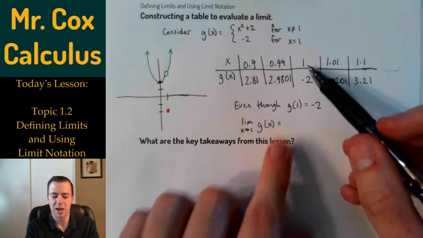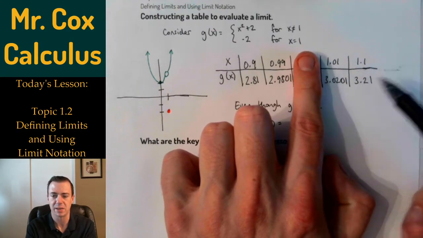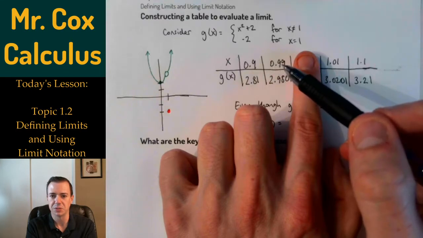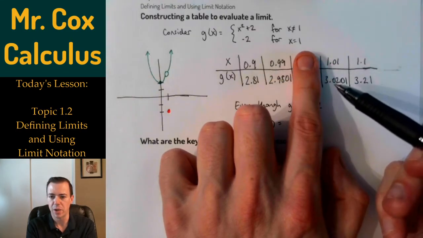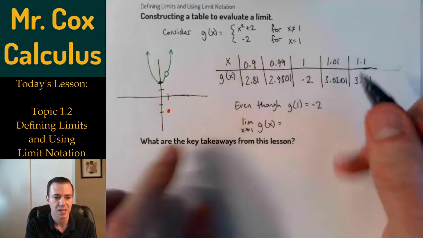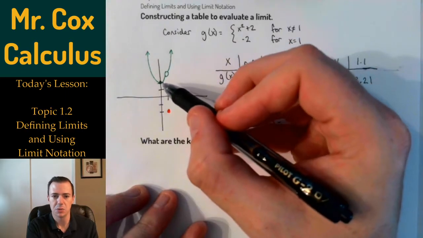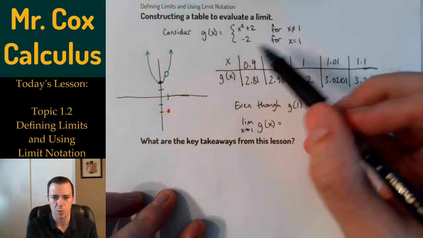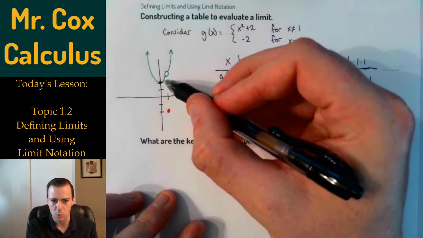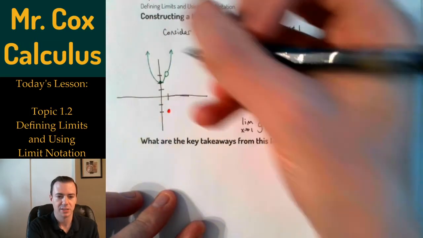And so what ends up happening is I don't even really want to look at this x equals 1 piece. I'm just looking at what's happening around it. Well, as x is getting close to 1, from both directions, it sure looks like my function is getting close to 3. And graphically, that's what's happening as well here. As I'm getting close to 1, and again, I'm not worried about what actually happens at 1, my function is in fact getting really close to the value 3.